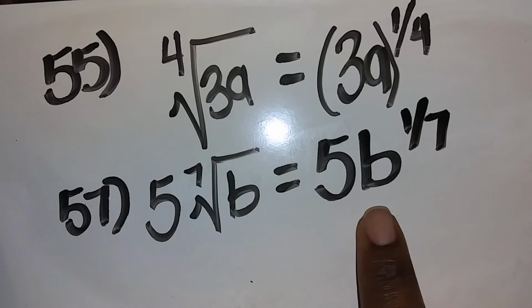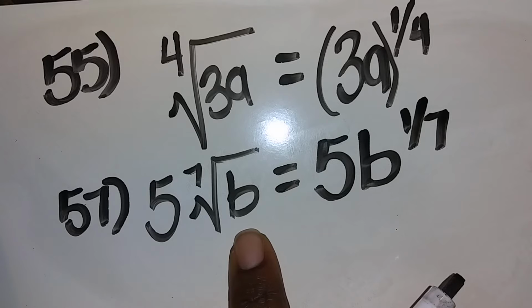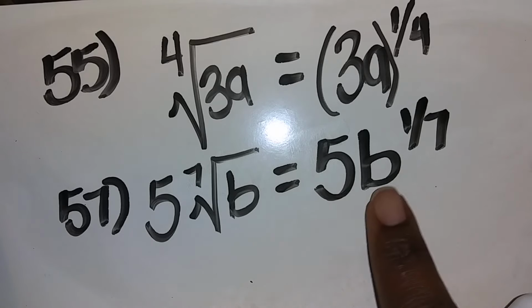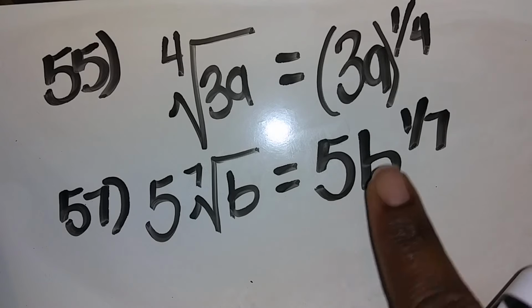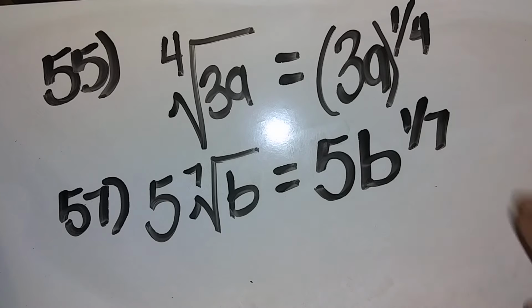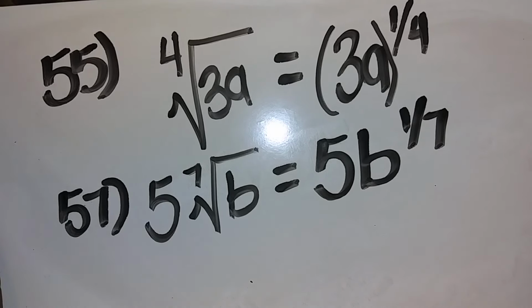And right here, you do not put this in parentheses because 5 was not under the 7th root. So you just bring your 5 over, and b is only understood to be raised to that 1 over 7. Whereas on 55, 3a, the entire part was understood to be raised to the 1/4 power. So very important that you put those parentheses in the right places.